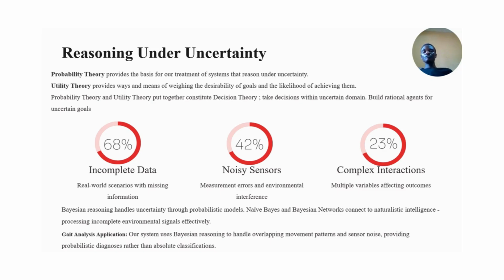Well, behind all this there is probability theory, which enables it to treat a system in a way that, instead of giving a specific answer that one is sick, it gives us the likelihood of one being sick.